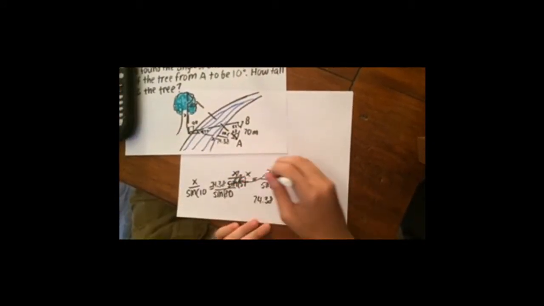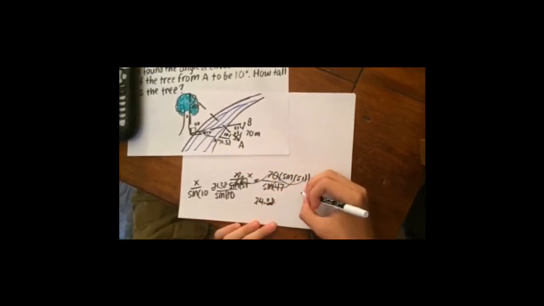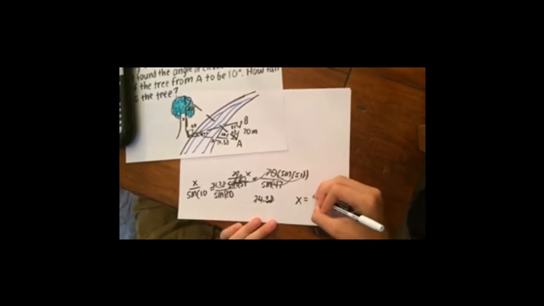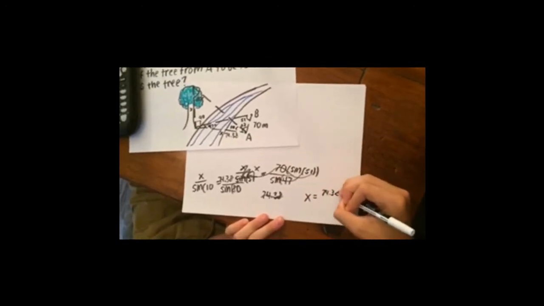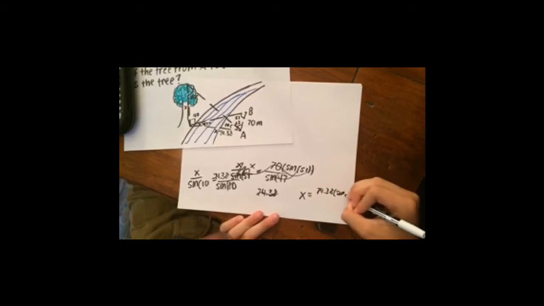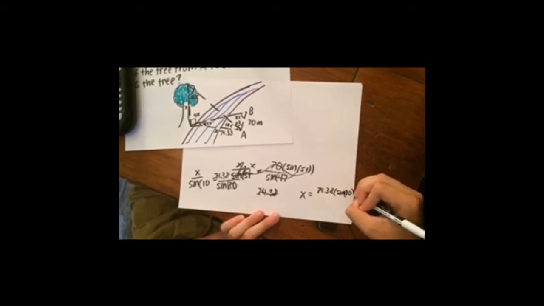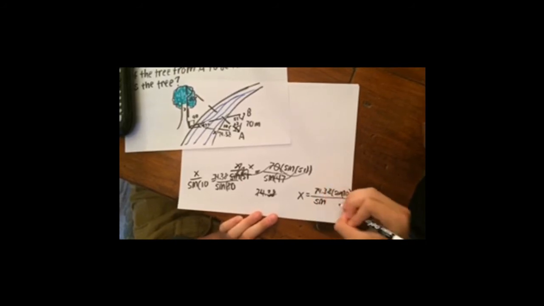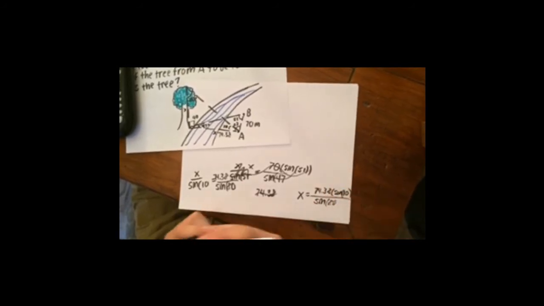I'm going to move over here to where I have a little bit more room. So it'd be x equals 74.38 times sine of 10 over sine 80, just like we've done every other time.